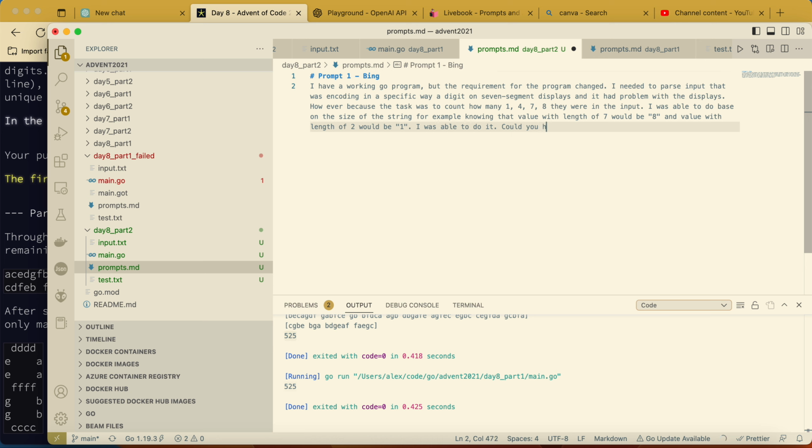Could you help me to adjust my program in a way to meet the new requirement?